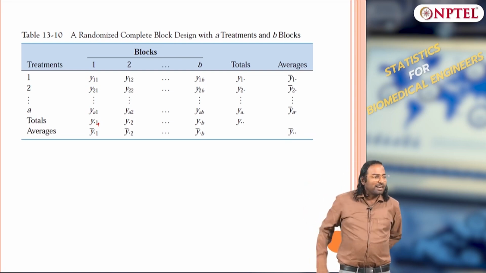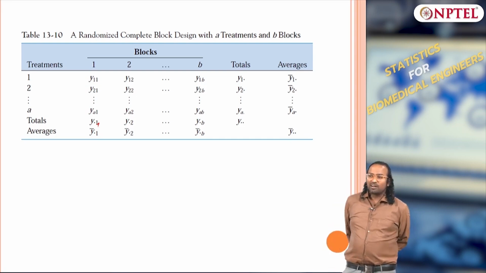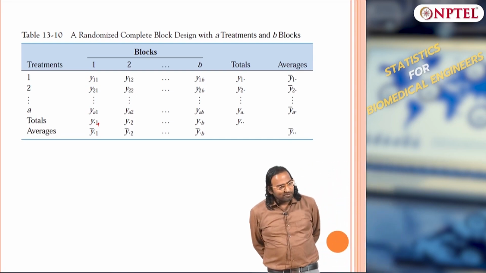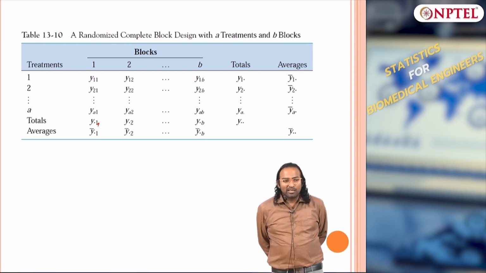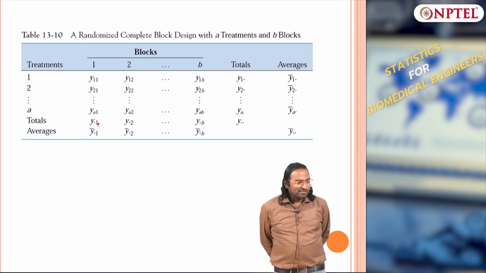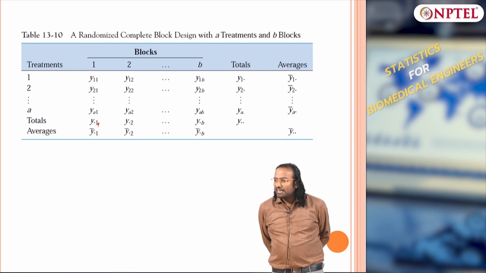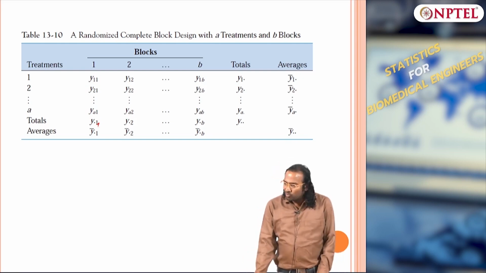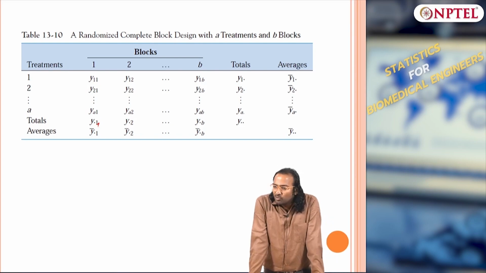If your mean squared error increases, obviously your ratio, your mean square treatment to MSE, has to be really large enough to show that it is working. You understand? So that is where the challenge is. Even though your treatment may be good, you will not be able to prove that because your mean squared error becomes larger.